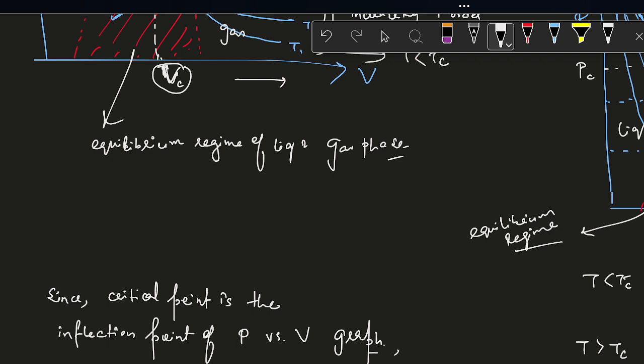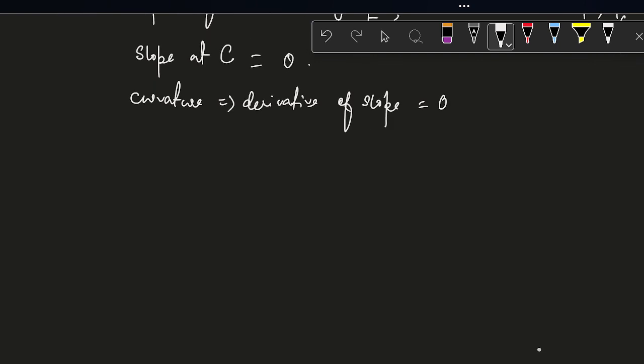The slope at the critical point C we have identified is equal to 0, and also the curvature, that is the derivative of the slope, will also be 0. Okay, so now we have justified why we are using these two conditions, del p del v and del 2p del v2 equal to 0.